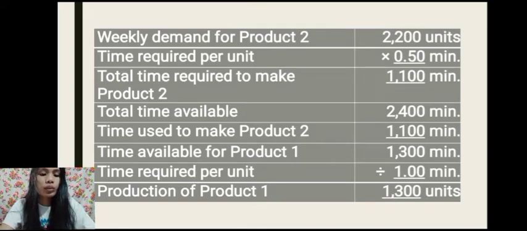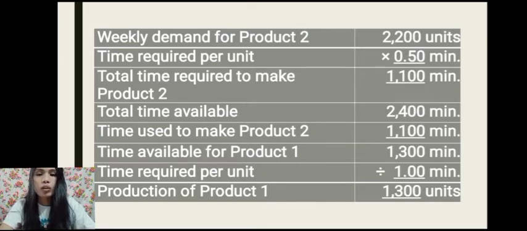So to compute, time available for product 1 divided by the time required per unit is equal to 1,300 units. So sa naunang table, sabi doon yung weekly demand ng product 1 is 2,000 units.